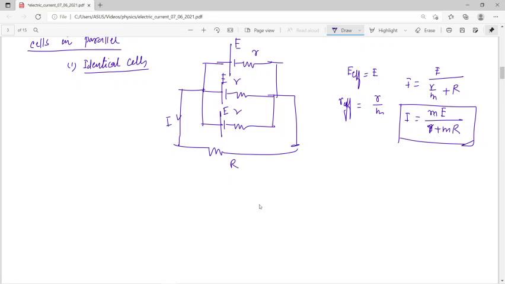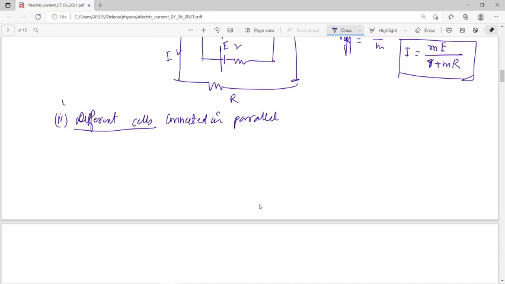Now the thing is, if the different cells are connected in parallel, what is the meaning of that?